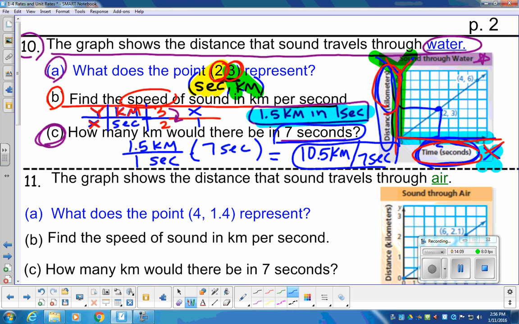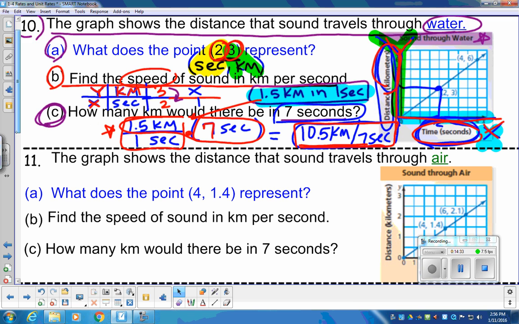So sound through water would travel 10.5 kilometers in 7 seconds. So this is just an option: take your speed from part B, 1.5 kilometers in 1 second, and multiply it by 7 seconds. Really we need 7 of these. It gives us 10.5 kilometers in 7 seconds.